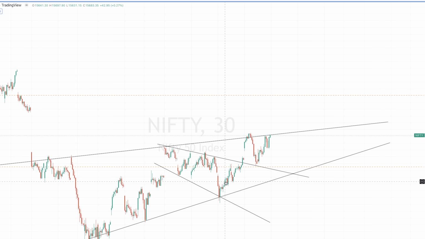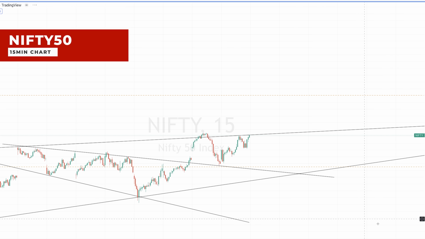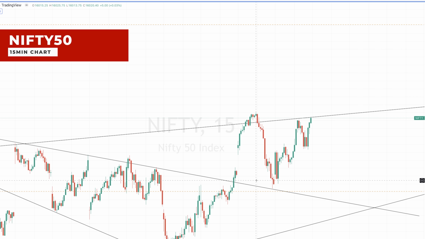So the next plan was, when this is broken, I would probably enter, with this as the target. If there is a breakout, I would enter and exit exactly here. So this was my plan. What happened? There was a very good breakout from this trend line at 15 minutes, if you look at it. So I bought.